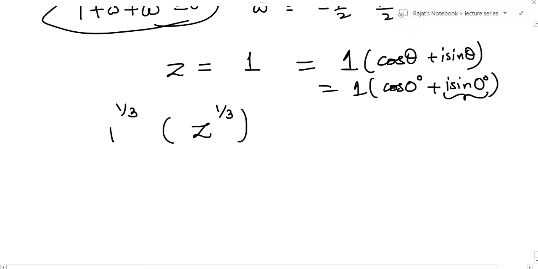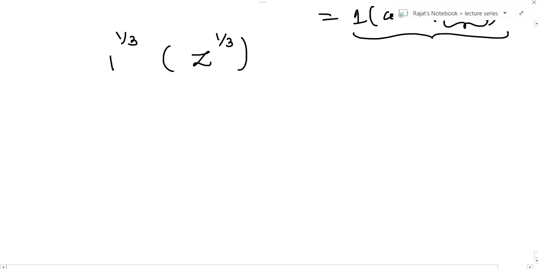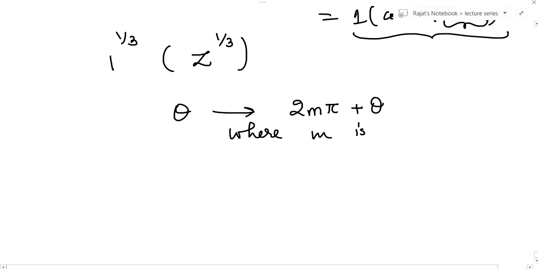Okay, now I will write this polar form in a more general form. We all know that cos and sine have a periodicity of 2 pi. So instead of writing it as 0, I will write it in general periodic form. I can replace any theta with 2m pi plus theta, where m is any integer. So suppose m is 4, so basically 8 pi plus theta.